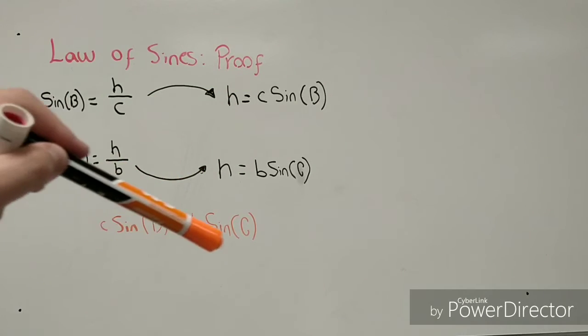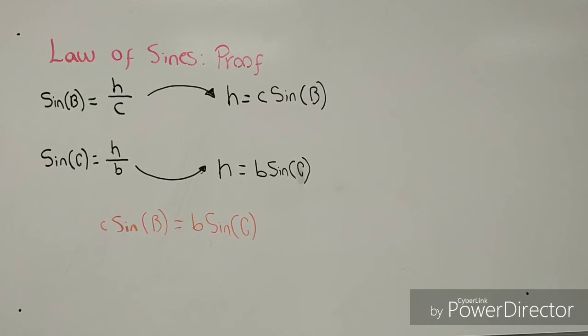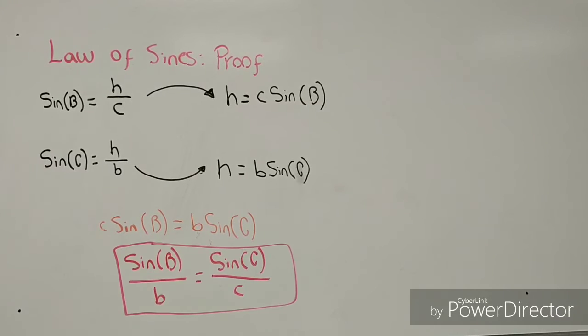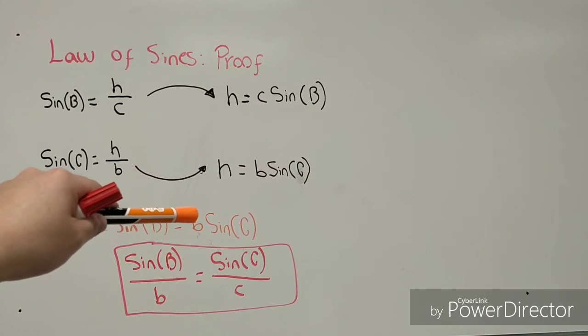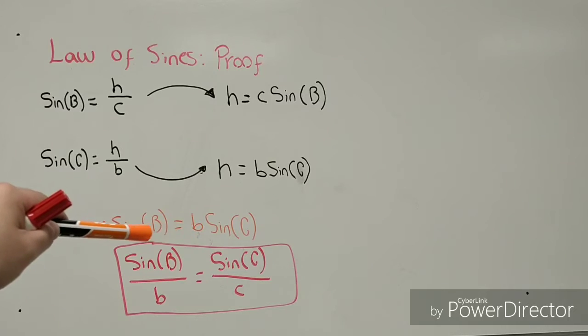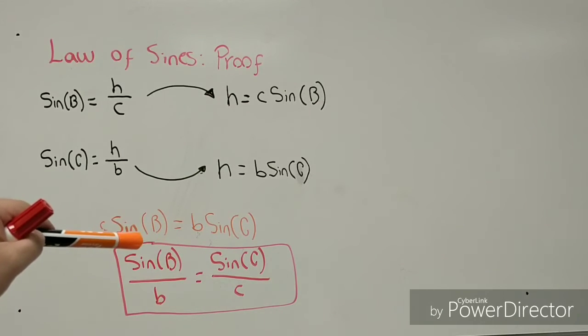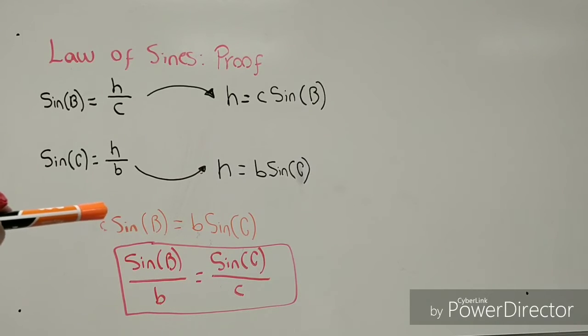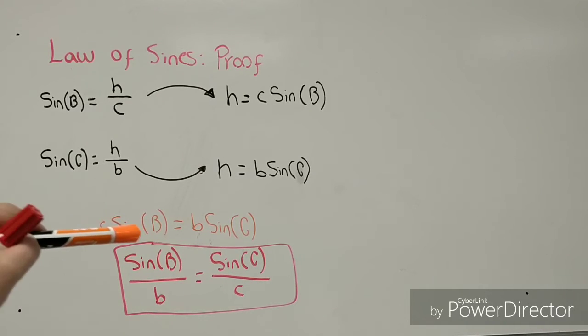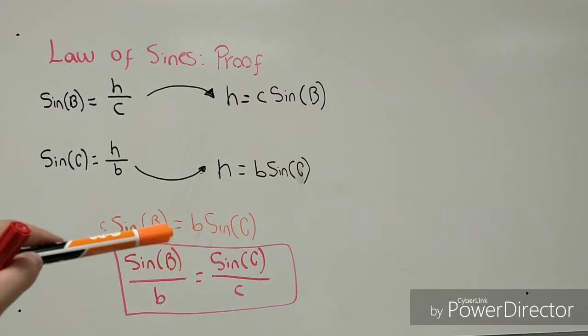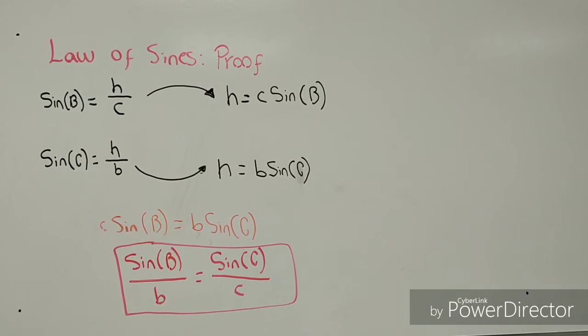And that's how we get this expression here. The next thing we do is we let this b go to the division on the left side, and we let this c, lowercase, go to the division on the right side. And that's how we get our first relationship for the law of sines.